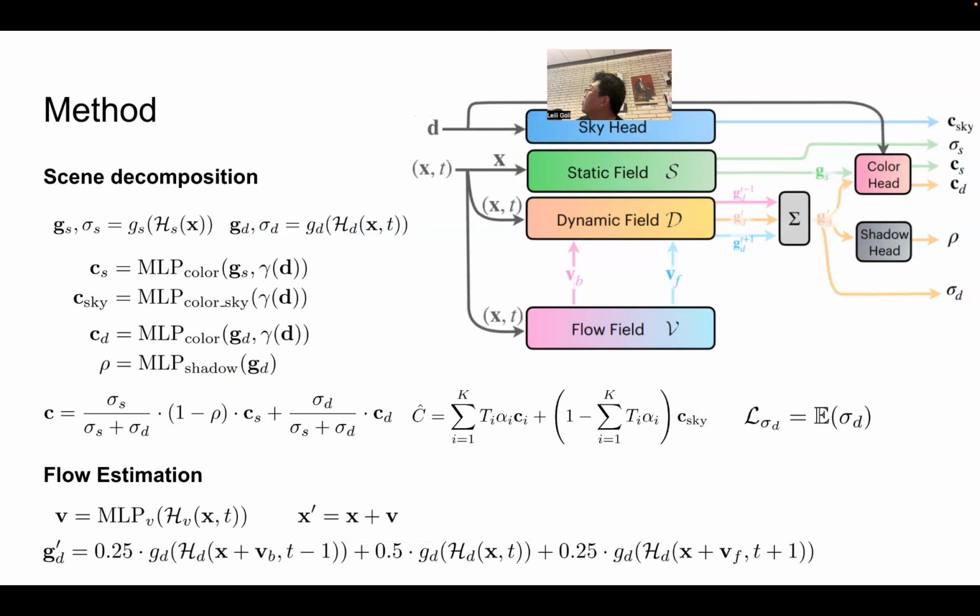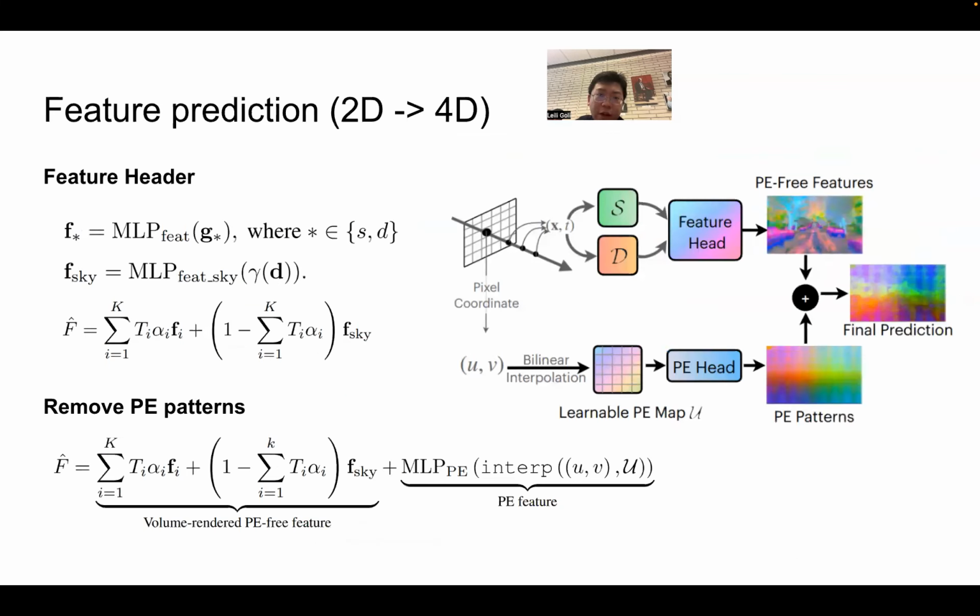Another thing this paper mentions is that they can also lift features from 2D to 4D. They have features predicted by DINOv2 or other self-supervised vision models, and given the features, they can lift them to 4D. It's pretty straightforward: just add a new MLP head.